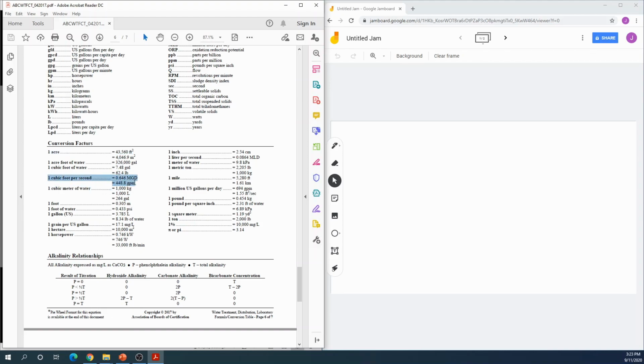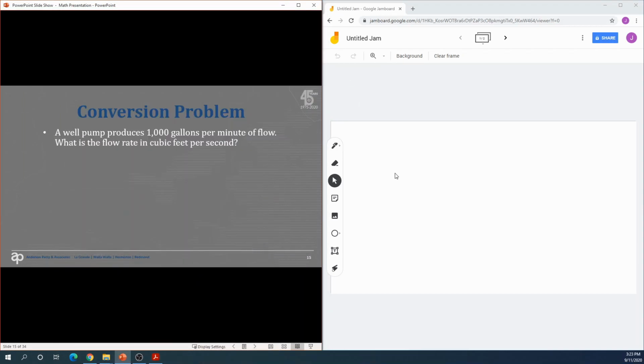So here's our conversion. We've got 1 cubic foot per second is equal to 448.8 gallons per minute. So again, let's start with what we know. We know we have 1,000 gallons per minute.